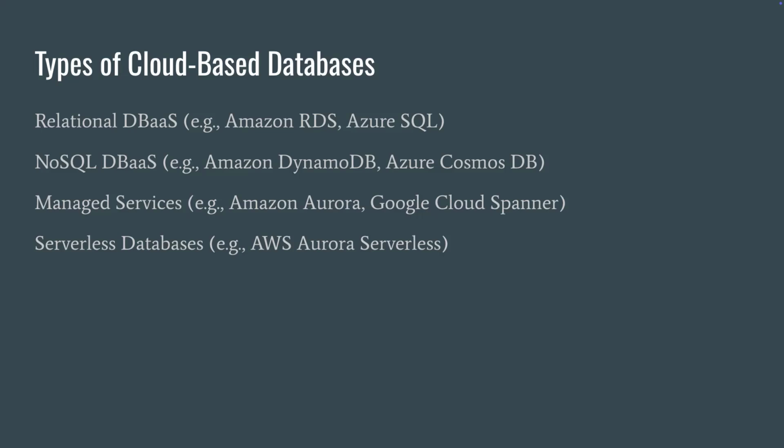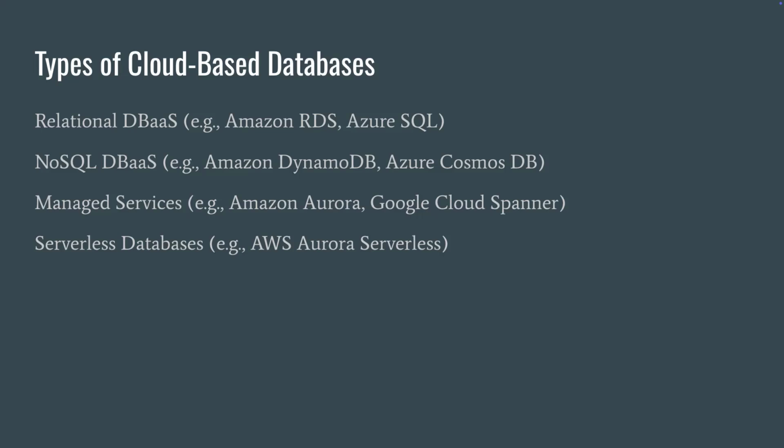There is another type called managed service. So some services like Amazon Aurora and Google Cloud Spanner, what they do is they combine the benefits of a fully relational model with global scalability.